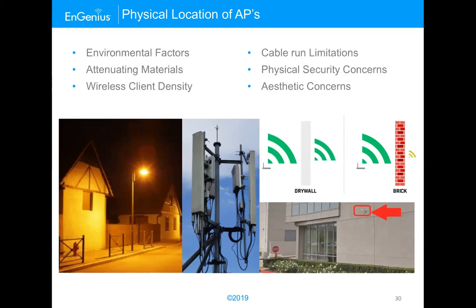So the antennas get the physical protection, as well as the infrastructure I need to have access to reset it, because it's very unlikely someone will run around with a ladder and be resetting your access points. Also cable run limitations, and it's important that you have the right cable type for outdoor deployments. The wrong cable will cause a premature failure.